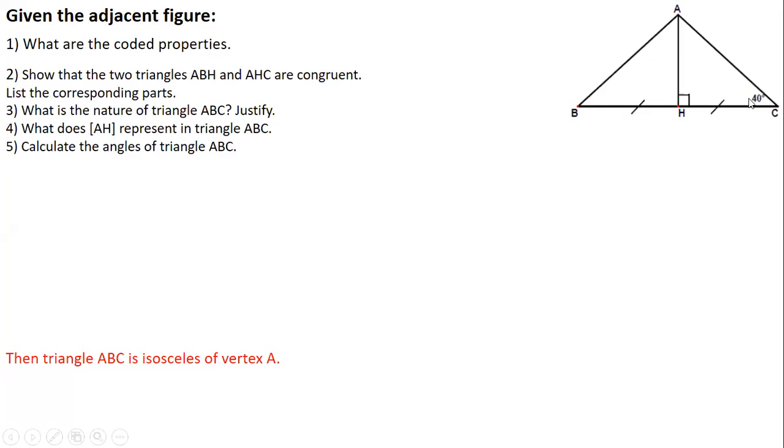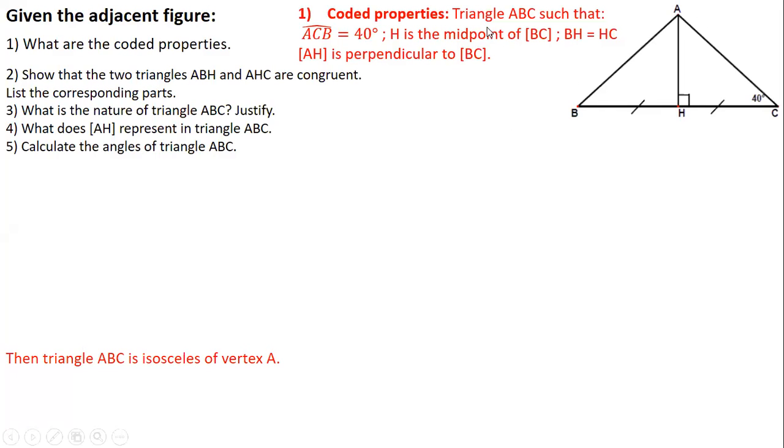What about this angle which measures 40 degrees? Name this angle, please. ACH is equal to 40 degrees, right? Yes. What about AH? AH is a height. So these are the coded properties.